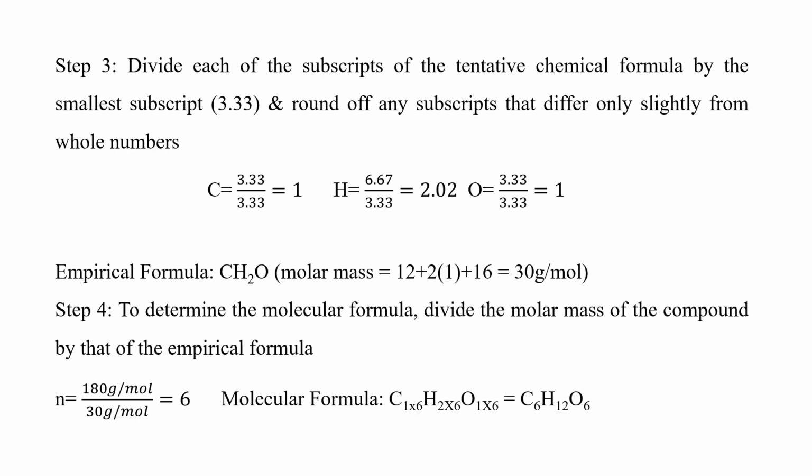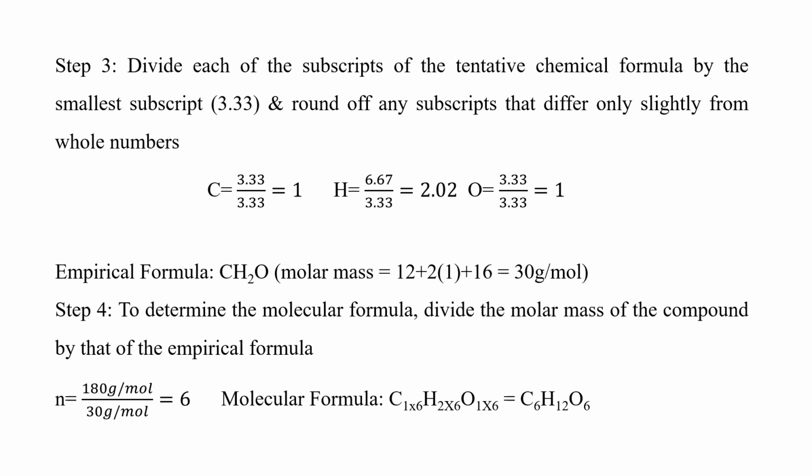But in cases that you have a decimal number like 2.46, you need to find a whole number that when you multiply that decimal number by it, it gives you a number that is closer to a whole number, right?